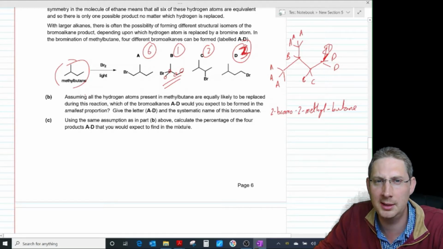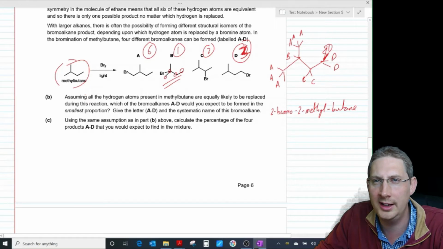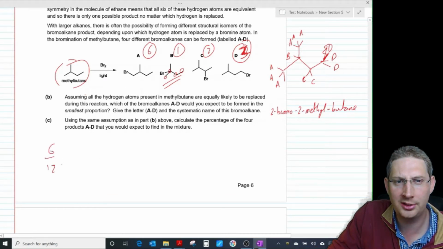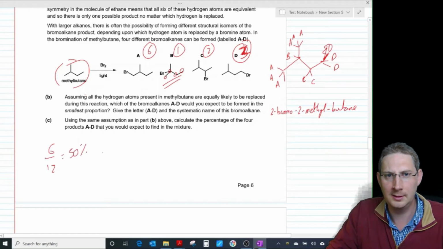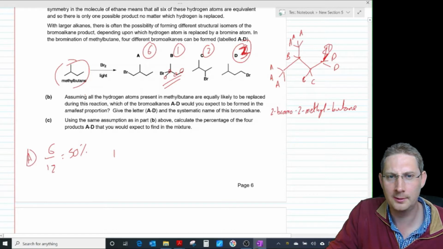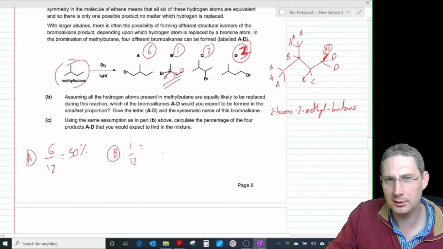Using the same assumption as in part B above, calculate the percentage of the 4 products that you would expect to find in the mixture. Okay, well there are 12 hydrogens, 1, 2, 3, 4, 5, 6, 7, 8, 9, 10, 11, 12. So A would be 6/12, which is 50%. B would be 1/12, which is 8%.